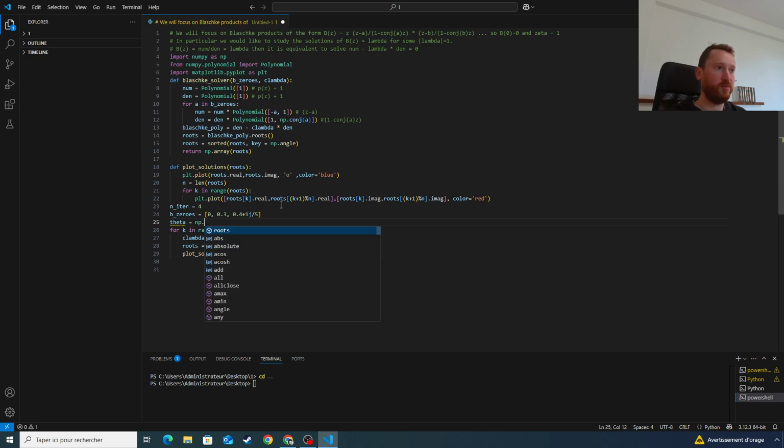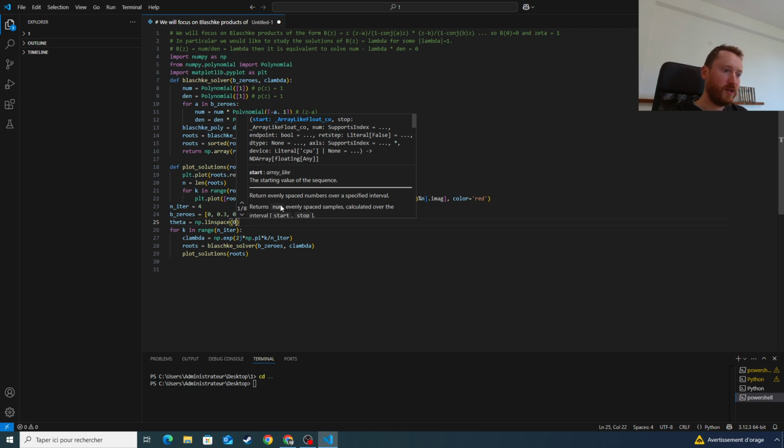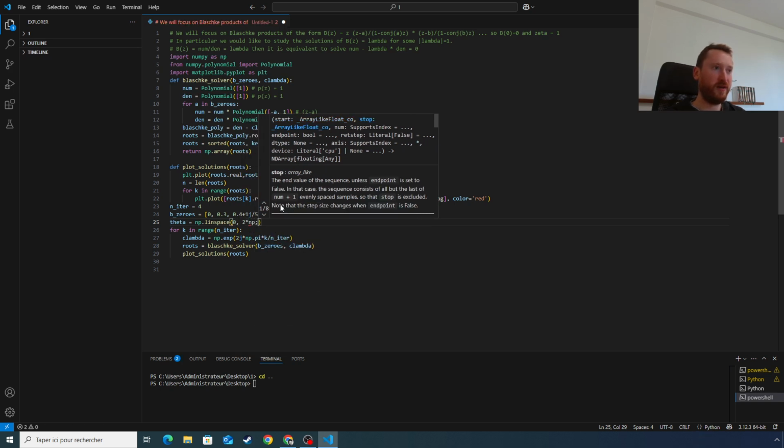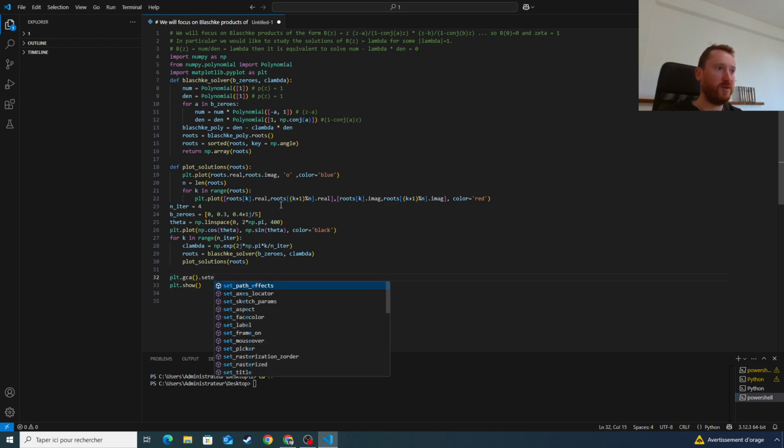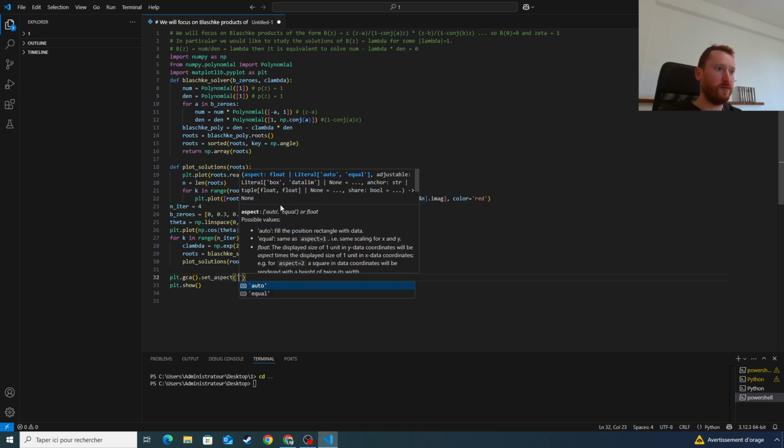So theta is equal to np.linspace of, so we create numbers between 0 and 2 times pi, 400 numbers for example, and then plt.plot np.cos of theta, then np.sin of theta, like this, then plt.show, and we also want to resize, well, the scaling of x-axis and y-axis will be the same if we do this: get current axis, set aspect equal.